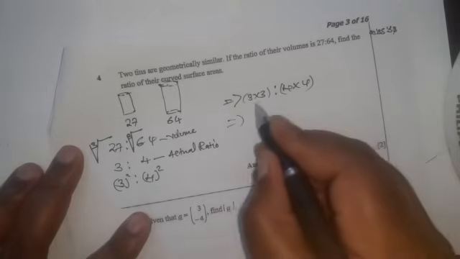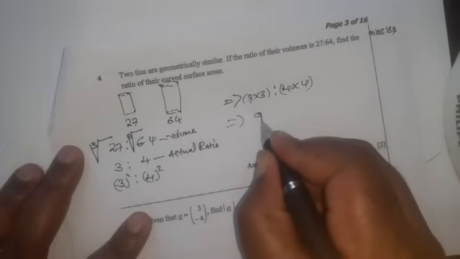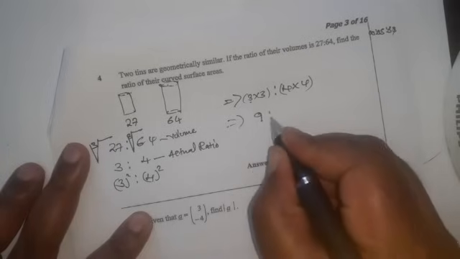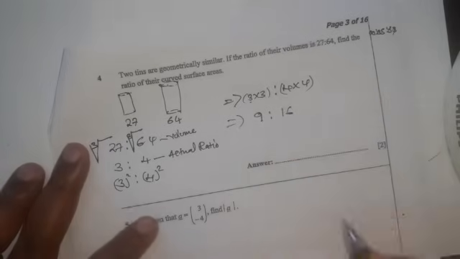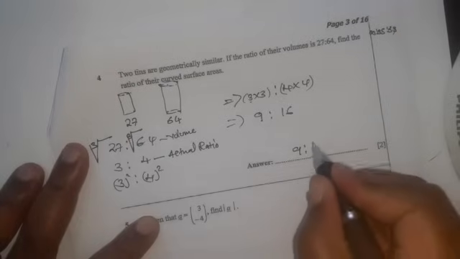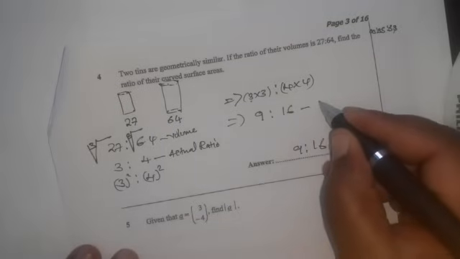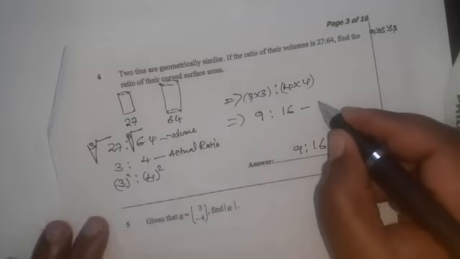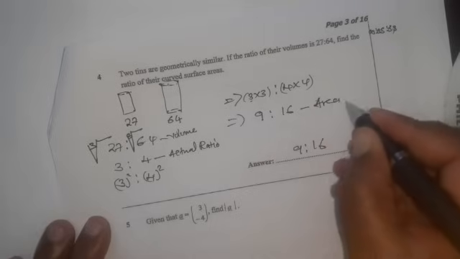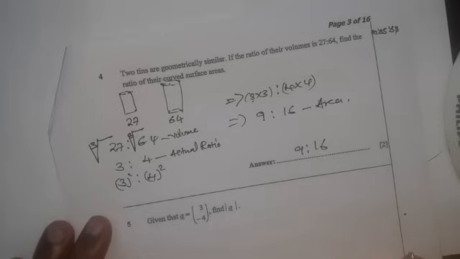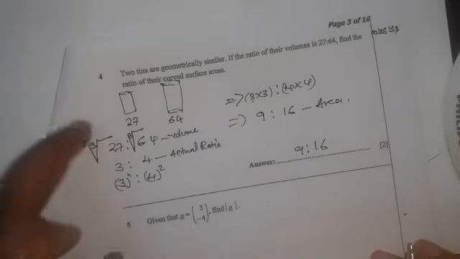This implies that 3 by 3 is 9, 4 by 4, 16. So this is the answer. 9 to 16. That is the ratio in area. Alright, thank you. That is how we are going to deal with that one.